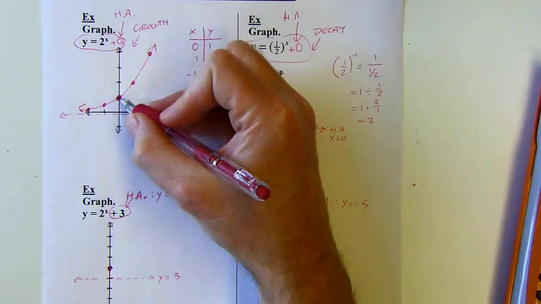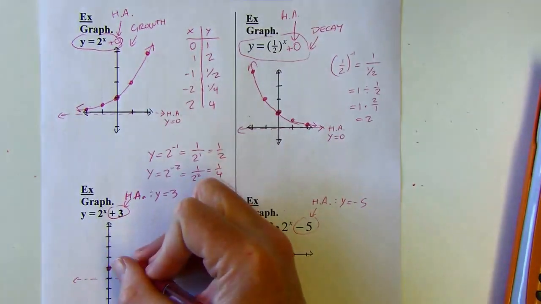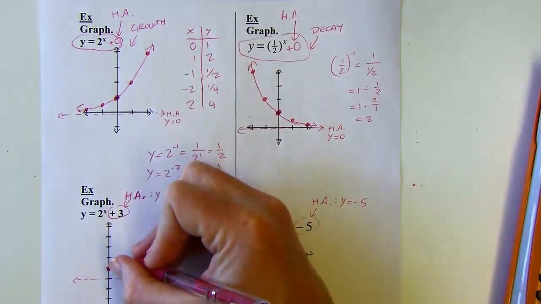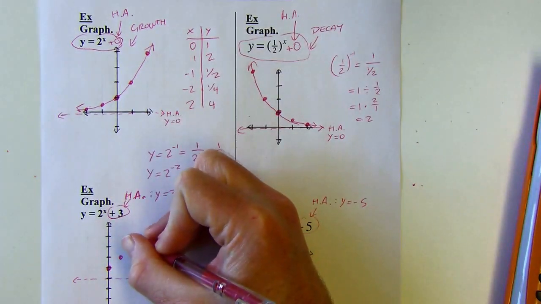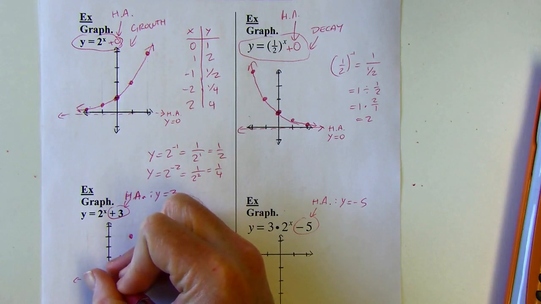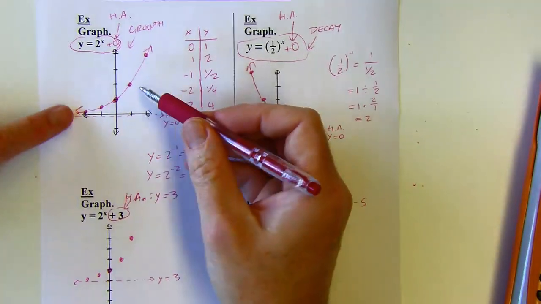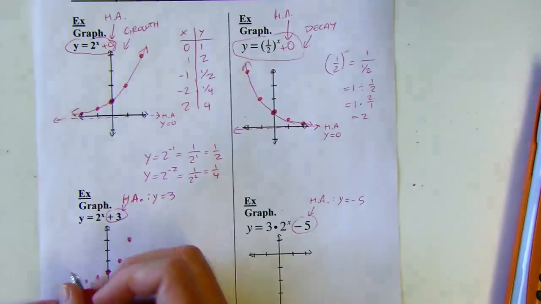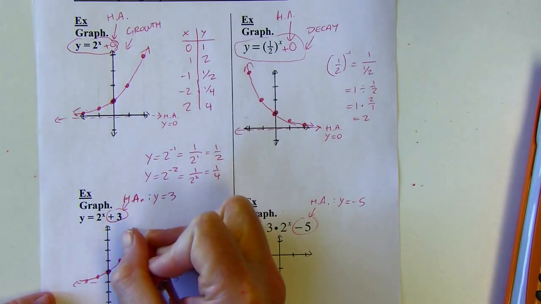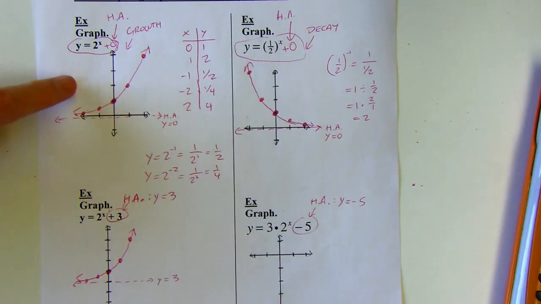Then I went up 1, right 1 from there to get to the next point. And I went up 2, right 1. And if I go left 1, I'm up a half unit, something like that. So I'm using the exact same shape, just with this new horizontal asymptote. The whole thing is shifted up 3 units from the example above.